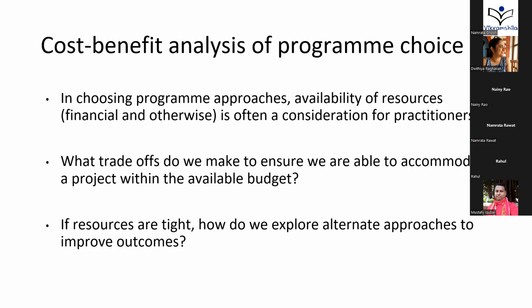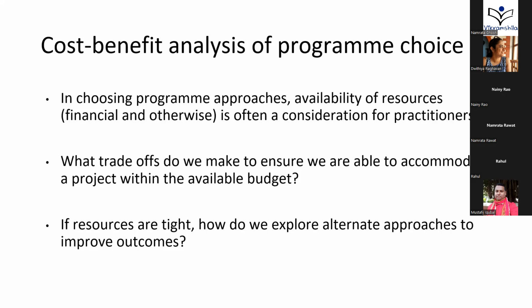So there are real trade-offs that sometimes we make because of cost considerations alone, right? Even though you know there's a better way to do this, you may not have the cost wriggle room to do it.